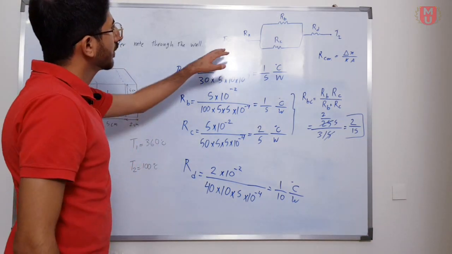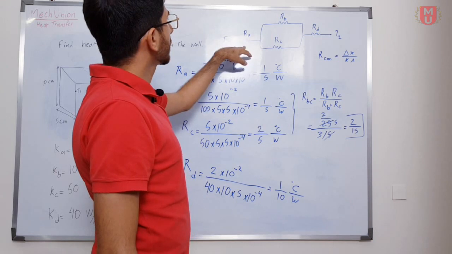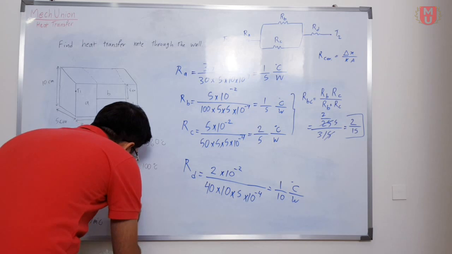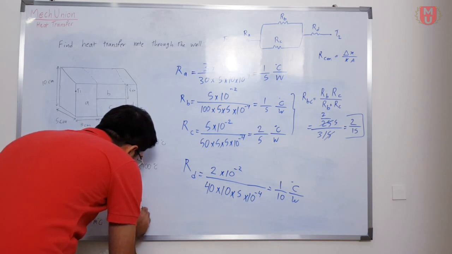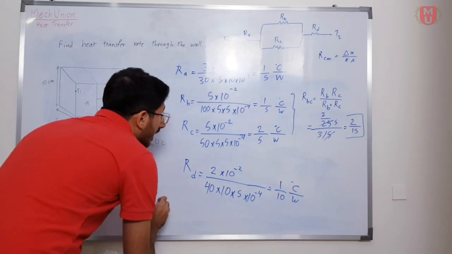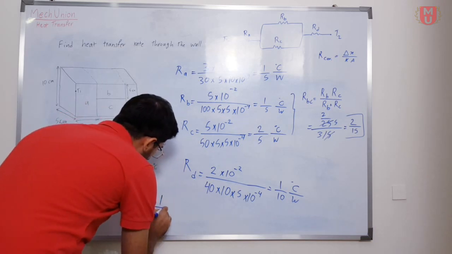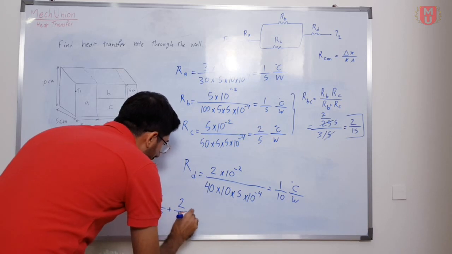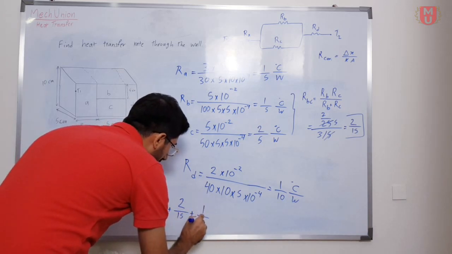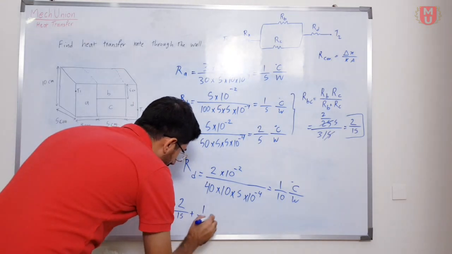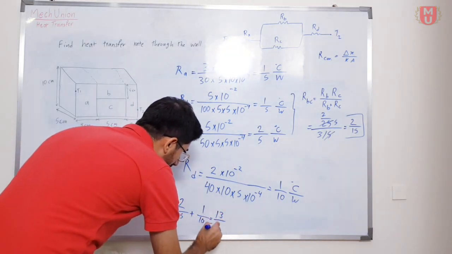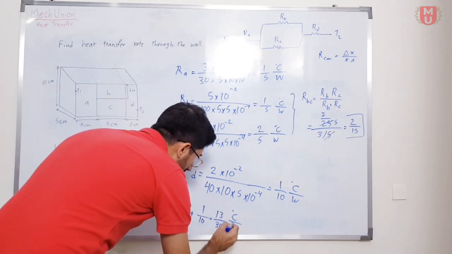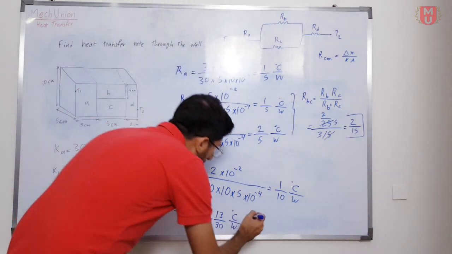In the next step, we sum up R of A, R of BC, and R of D to have the overall resistance. We have 1 over 5 plus 2 over 15 plus 1 over 10 to get 13 over 30 Celsius over watt.